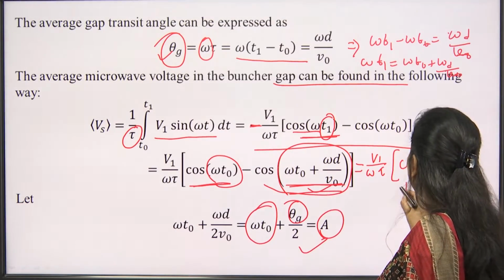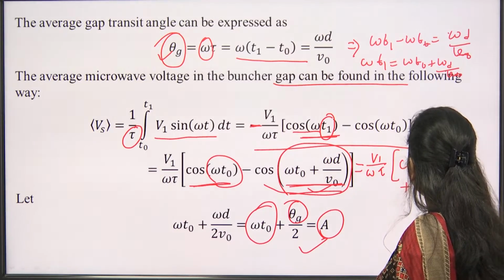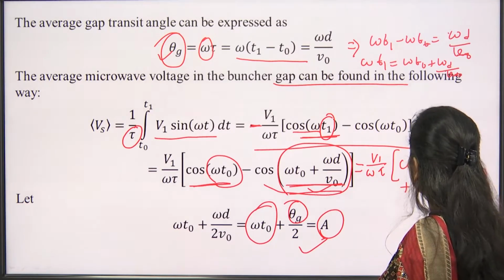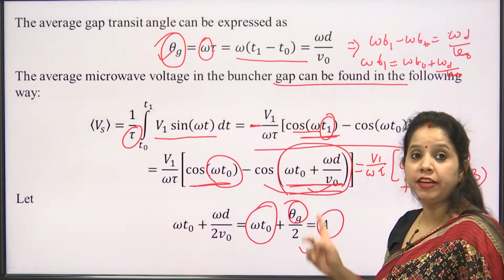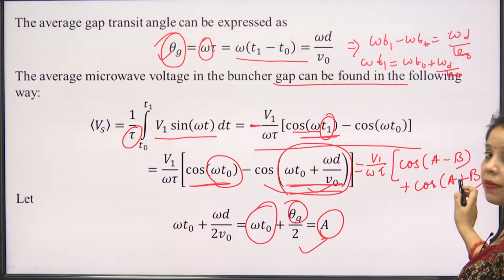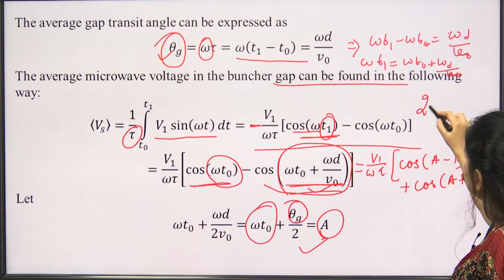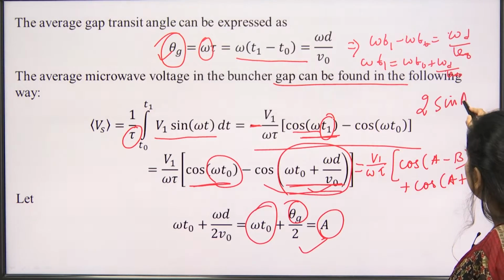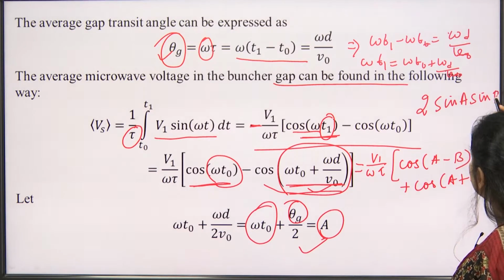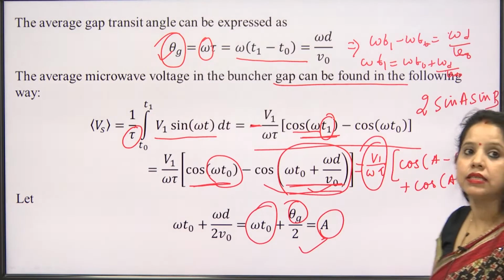So, we can have it as cos A plus B, and when we solve cos A minus B plus cos A plus B, what are we getting? 2 sin A sin B, and this term remains the same.